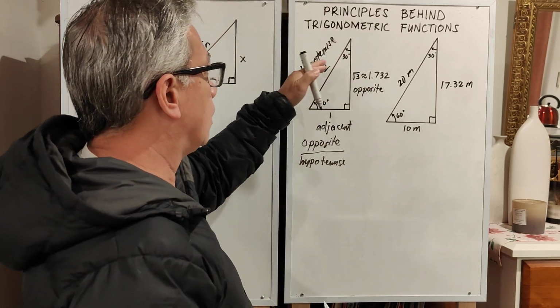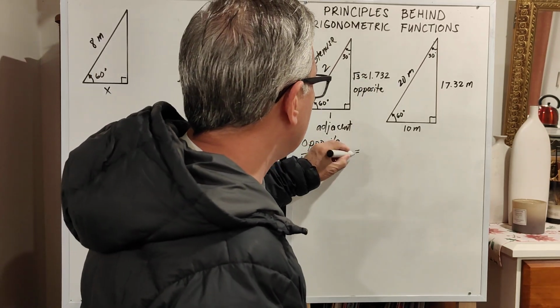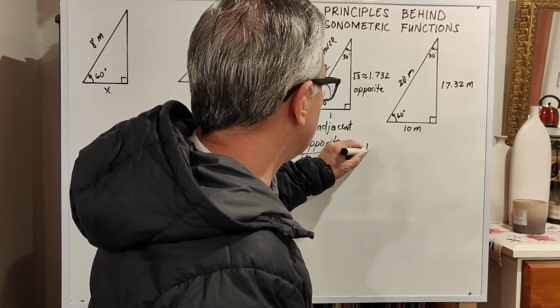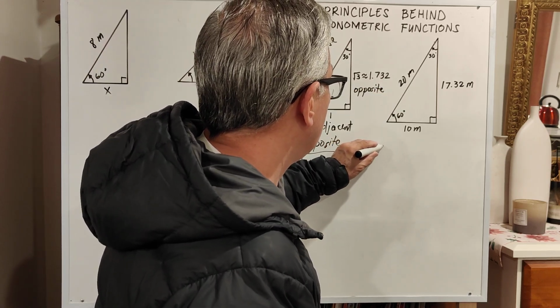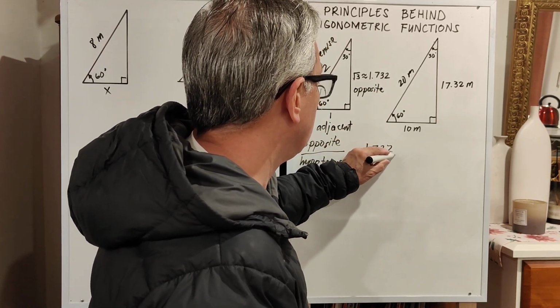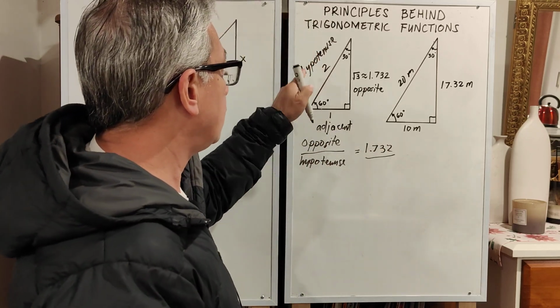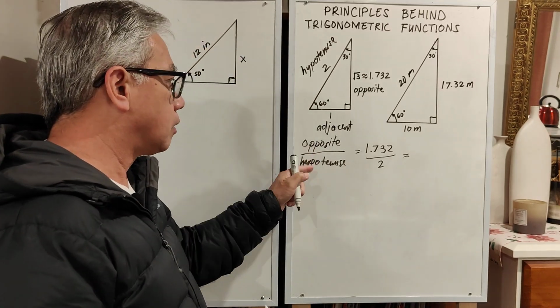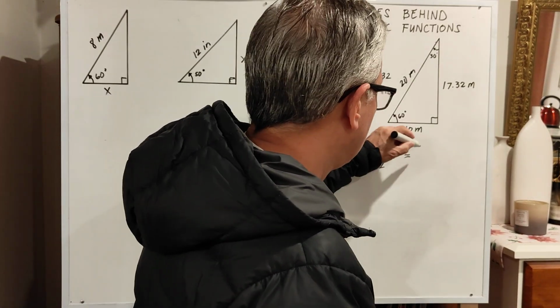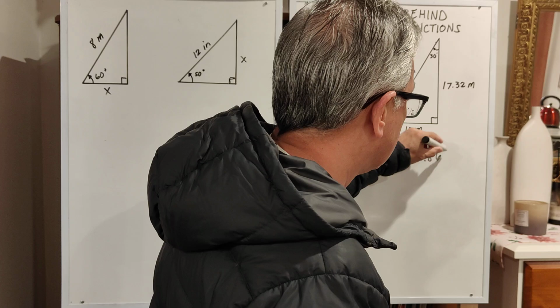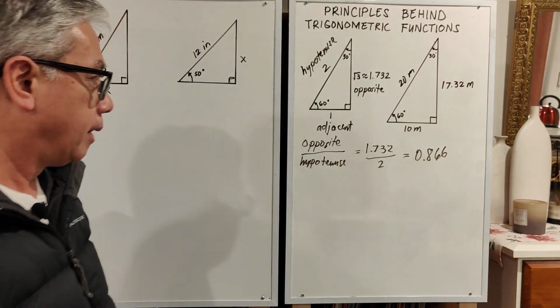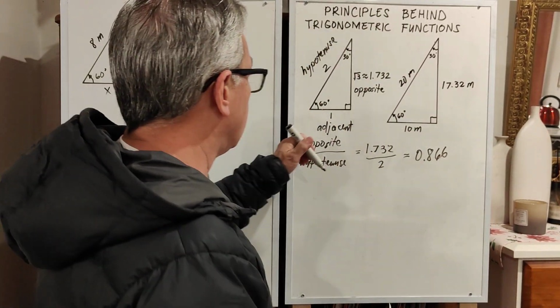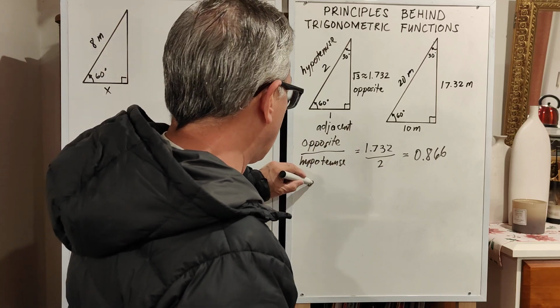So opposite over hypotenuse, the ratio would be 1.732 over the hypotenuse, which is 2. So the ratio of the opposite over hypotenuse would be 0.866.